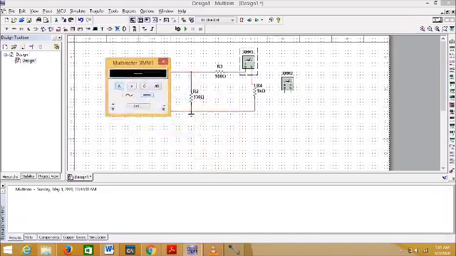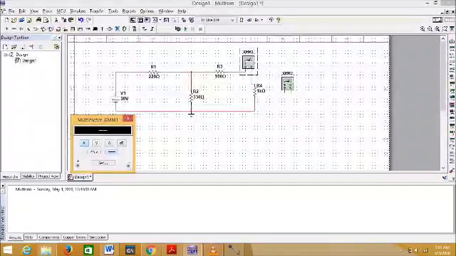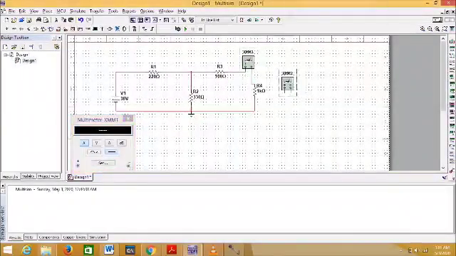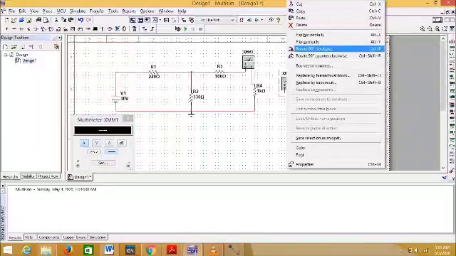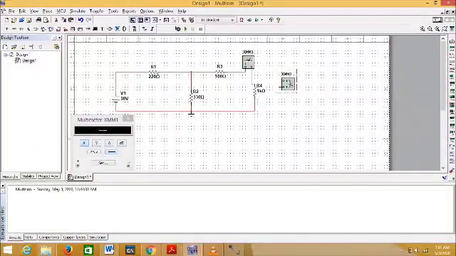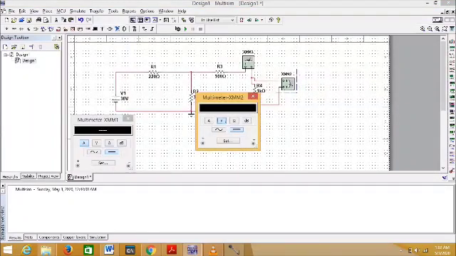Okay, so I'll keep this aside. For my comfort, I'll be rotating this 90 degrees. Okay, so I'll be placing this in volts.